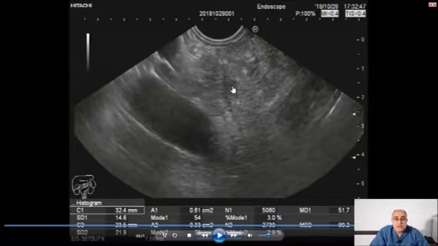So during our examination, we can see the uncinate process of the pancreas in station 1 in the deep second part, and also from the stomach in station 4. Okay.